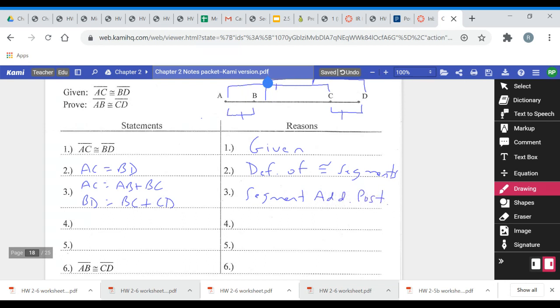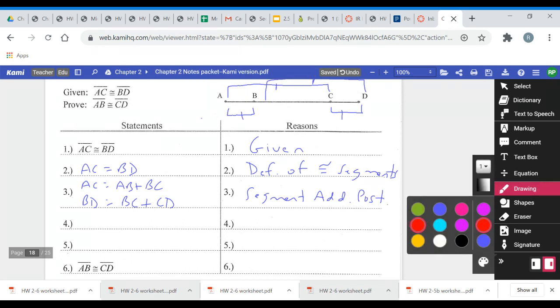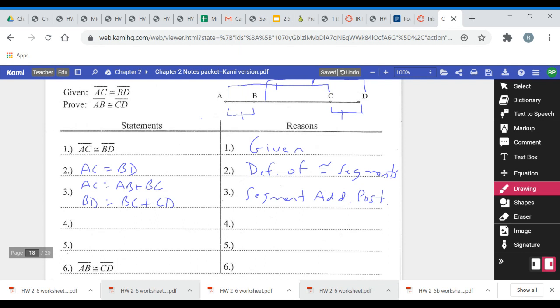Okay, from there, change colors here. Okay, so here, if I know that AC is equal to all this stuff, I can put all that stuff in for this AC's place. And if I know that BC plus CD is equal to BD, I can put all that in for BD's place.